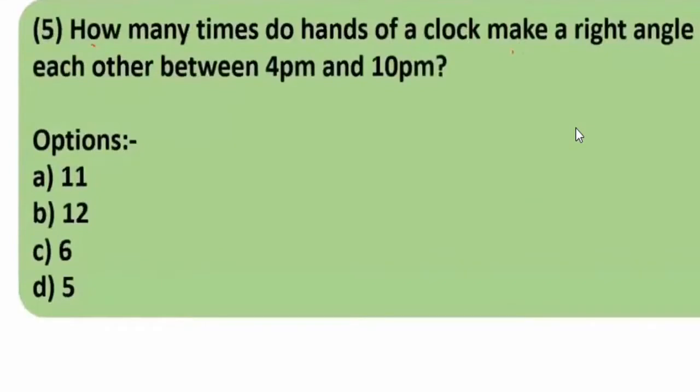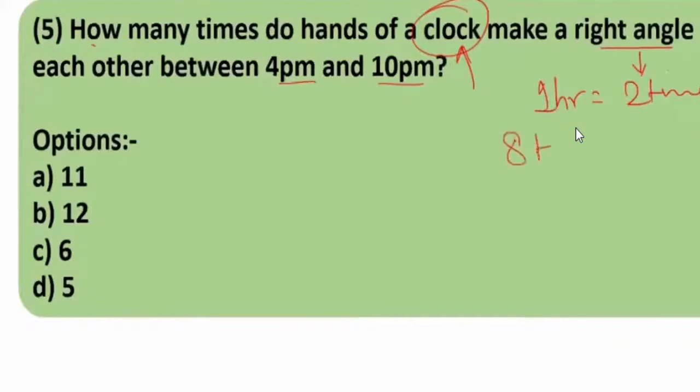How many times do hands of a clock make a right angle with each other between 4 p.m. and 10 p.m.? Check out the in-depth tutorial of clocks, because here the trick has been given. Also it is a standard question as such. You should know that in every hour, the clock hands make a right angle 2 times. So in 2 hours it will be 4 times, 3 hours it will be 6 times.